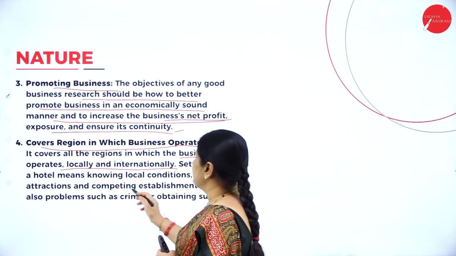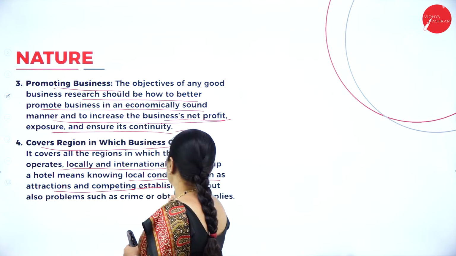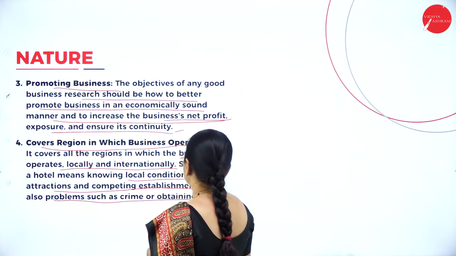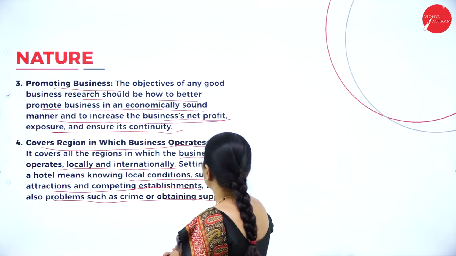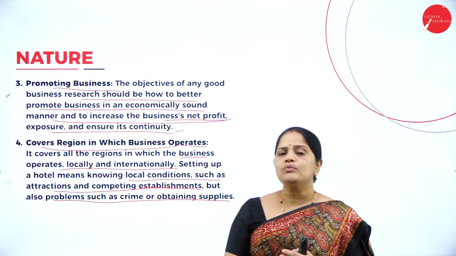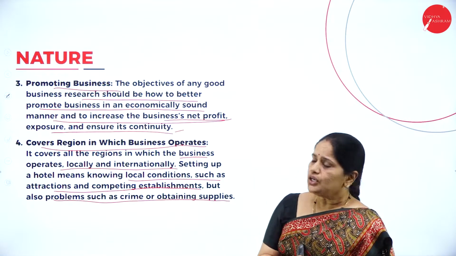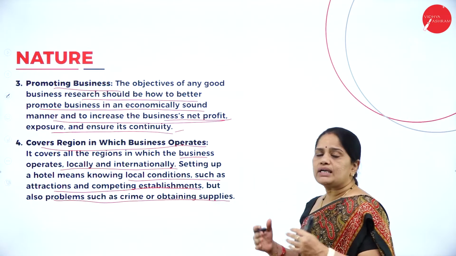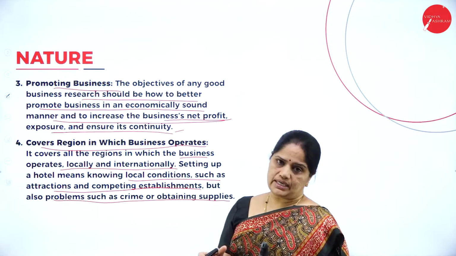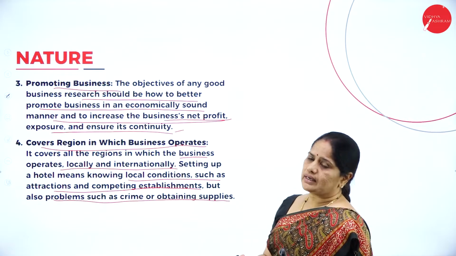Setting up a hotel means knowing local conditions such as attractions and competing establishments, but also problems such as crime or obtaining the supplies. Now, for example, you want to open a hotel. If you have to start a hotel, you should know what the local conditions are, what kind of people are residing in that area, whether it is the high income group, middle income group or the low income group.